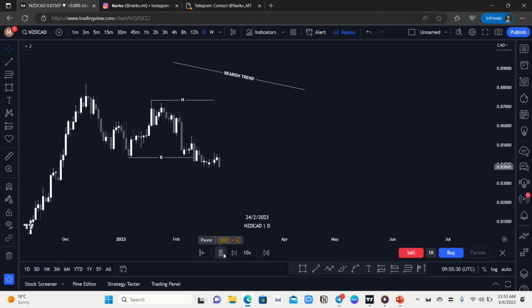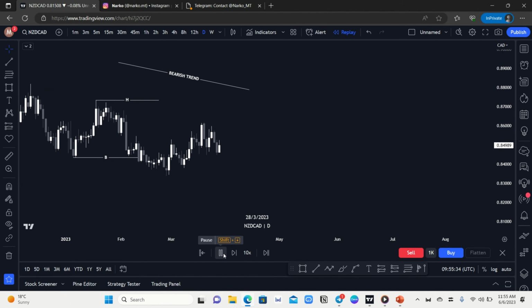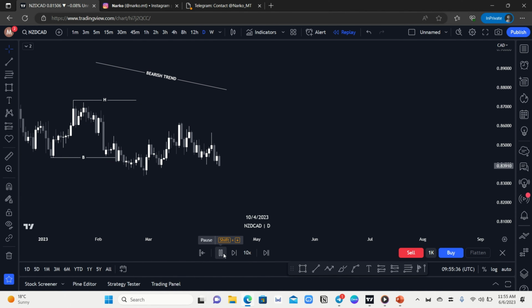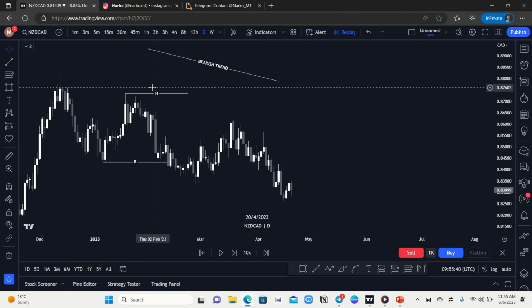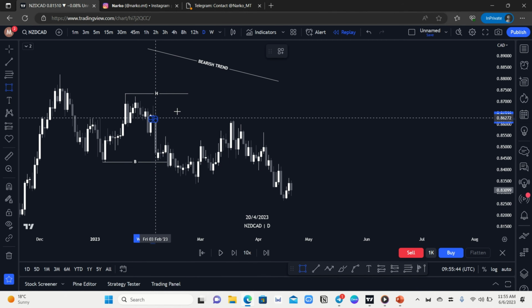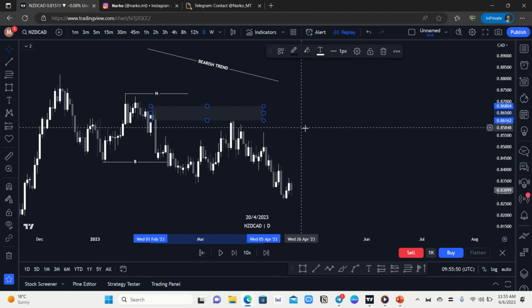So now let's play price and see what happens. As you can see there, price does not break our high, and price initially just respects our supply area here.